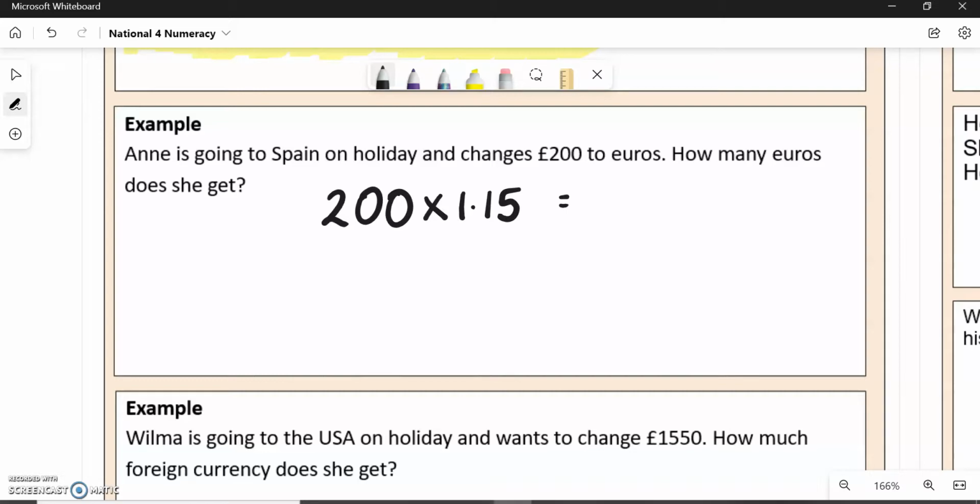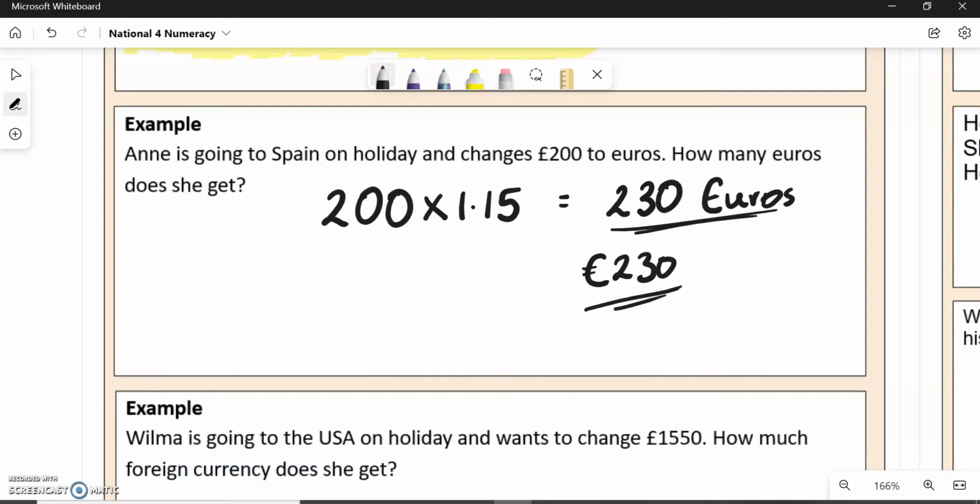When we do this multiplication, we get the value of 230. It's really important here that we say 230 what? That's going to be 230 euros. If you know the symbol for euros, you could have written down the symbol for euros like that. Both of those answers would be entirely acceptable.